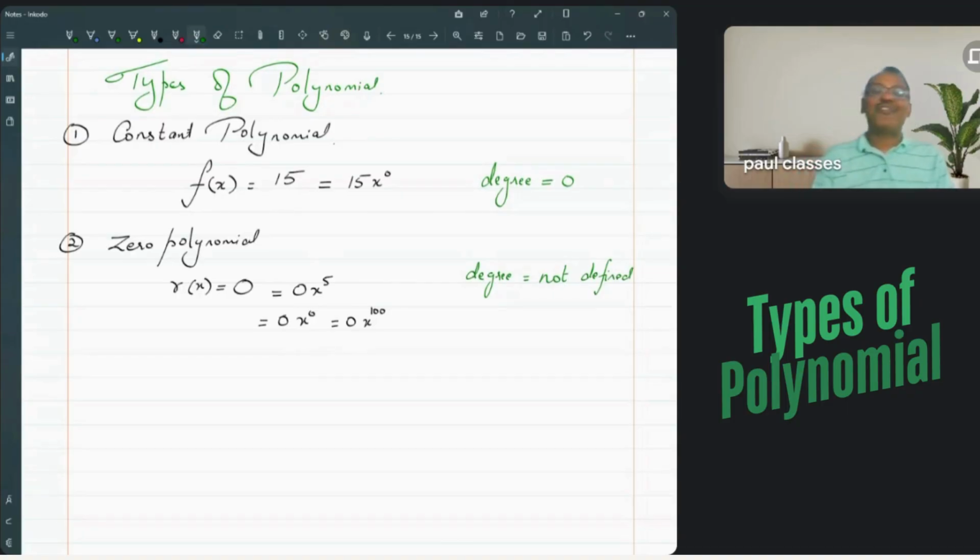The degree of a zero polynomial is not defined.